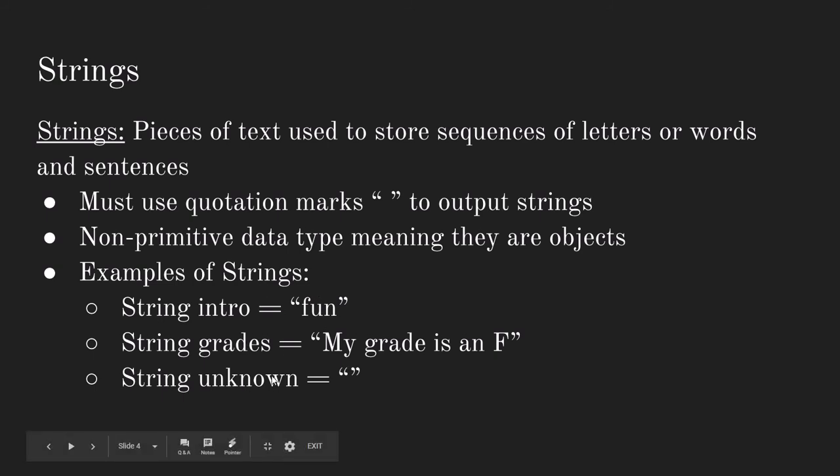In unknown, keep in mind, you can initialize a string to just empty quotation marks. This will be very useful later when you don't necessarily know the value of the string, but as I said before, you will reassign a new value to the string unknown later somewhere in the code.